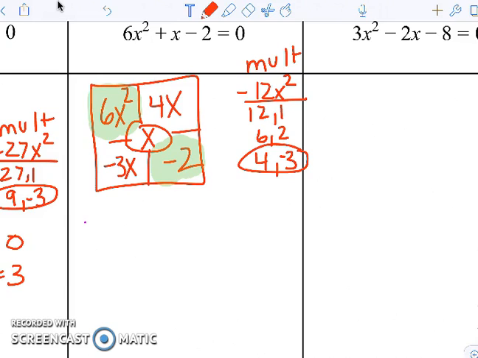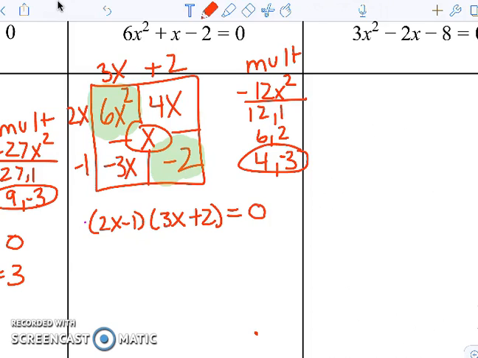Let's see our outside, what's the biggest thing that goes into 6 and 4? So we got 2x, so that means this would have to be 3x. 2x times what gives you 4, so plus 2. 3x times what gives you negative 3, minus 1. And double check, 2 times negative 1 is negative 2. So it factors into 2x minus 1 times 3x plus 2 equals 0.